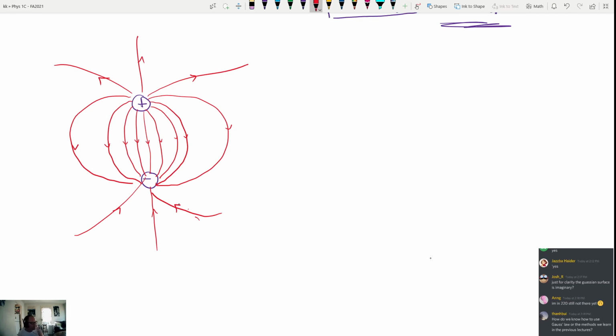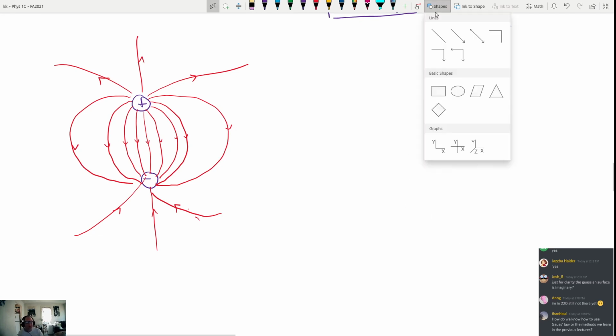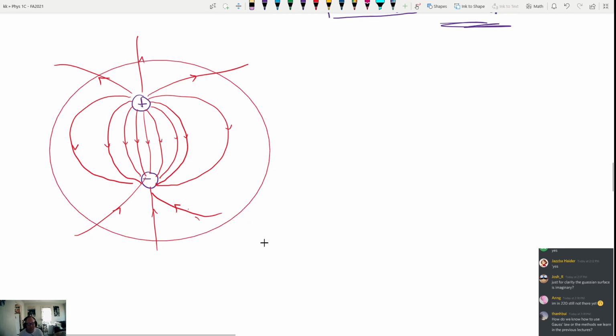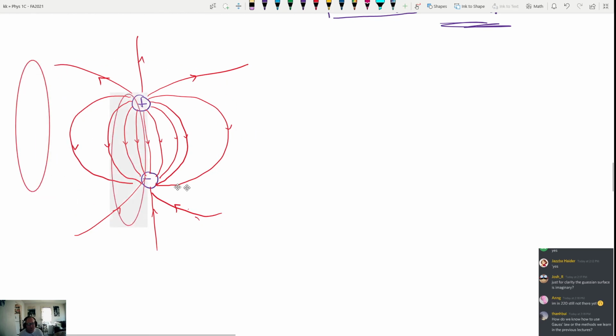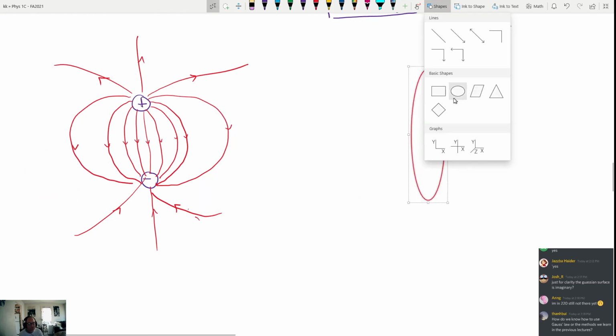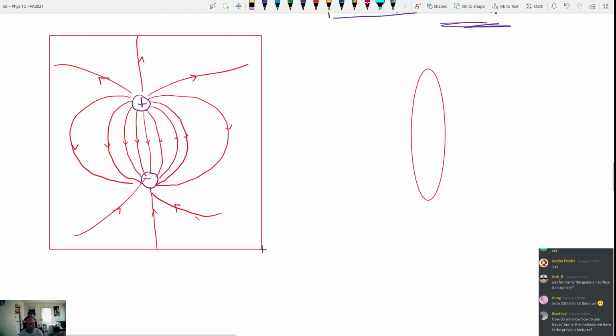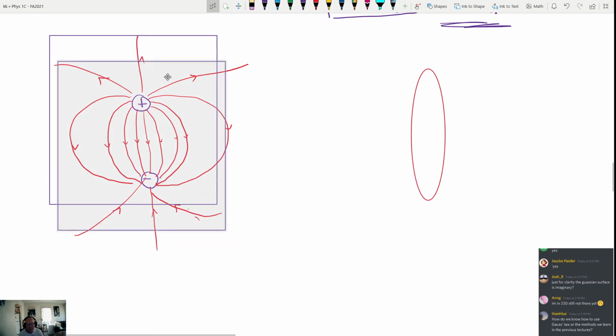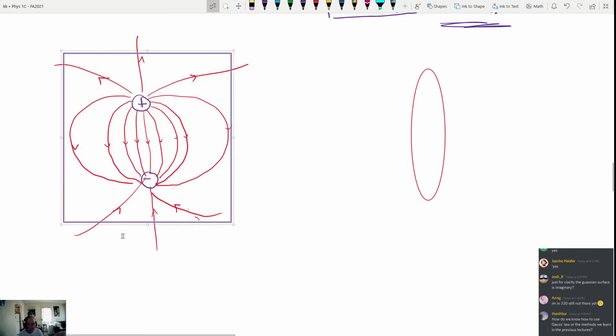So now, remember that the second step said you need to draw some type of a shape around this system, right? Maybe a circle, a sphere, maybe a box. And it has to have the features that we described, which is this box needs to either be perpendicular or parallel at every single point, right? Can you see how that's really hard with this type of a charge distribution?